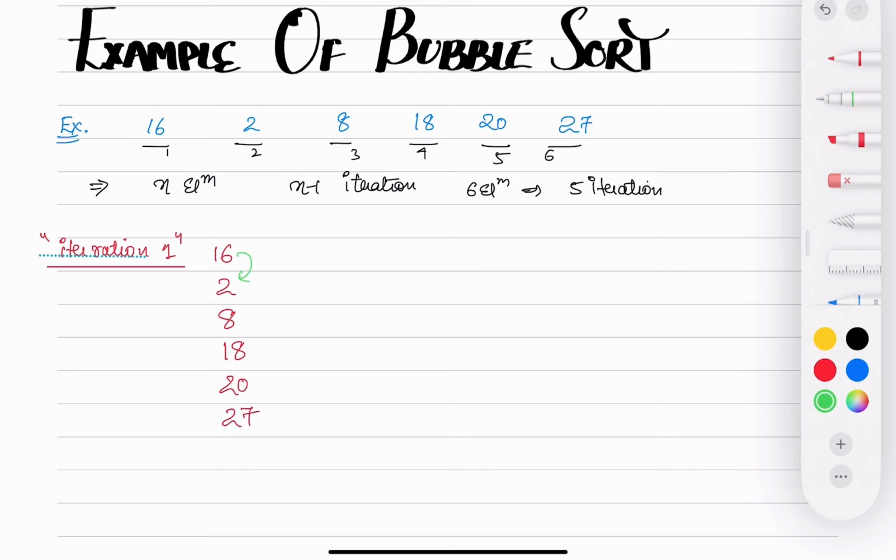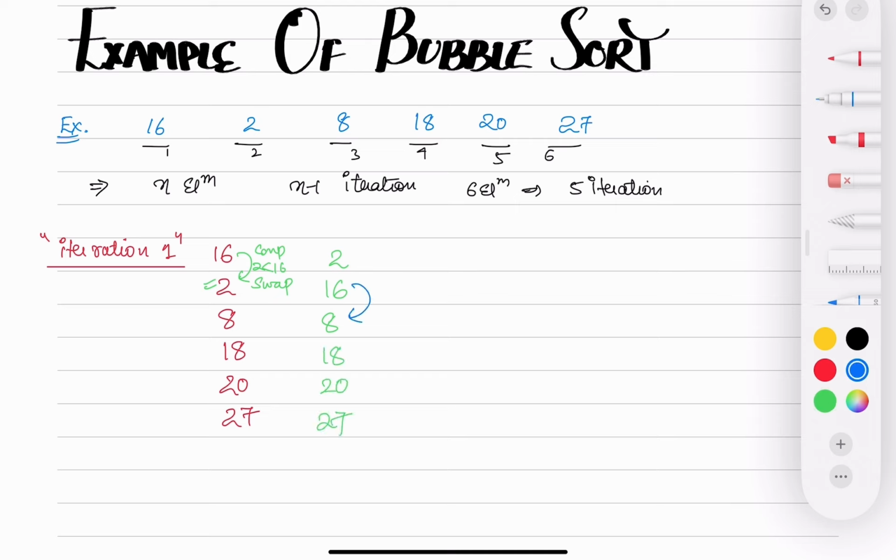So 16 and 2, you do a comparison, and you figure out that 2 is less than 16, which is down. So we need to make a swap, right? If you sort this, 2 should come before 16, right? So in that case, we are swapping it. Okay, so the first pass gives 2, 16, 8, 18, 20, 27.